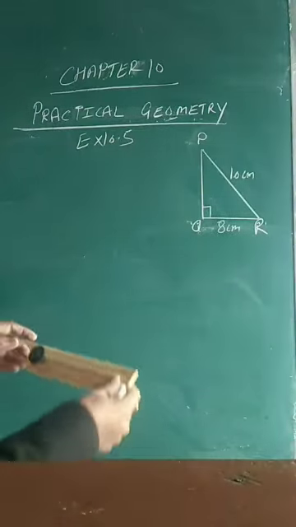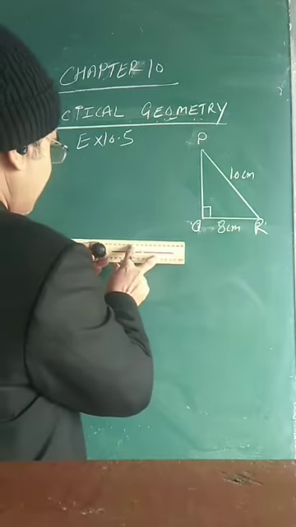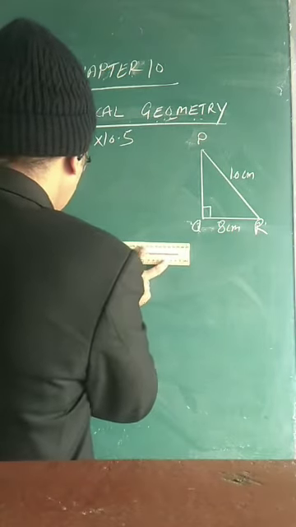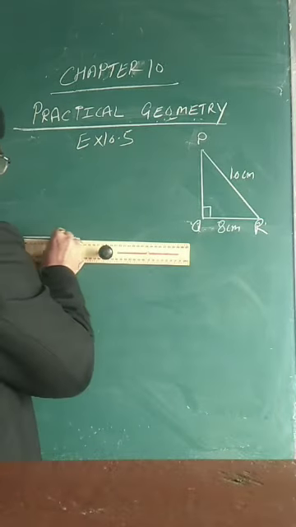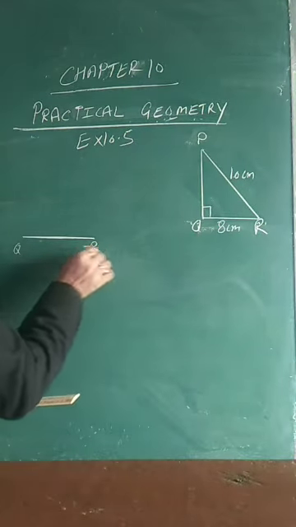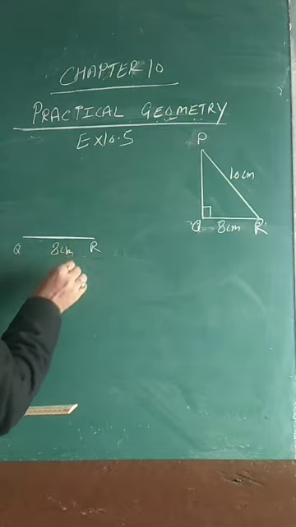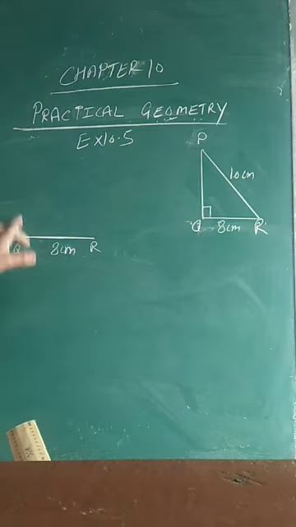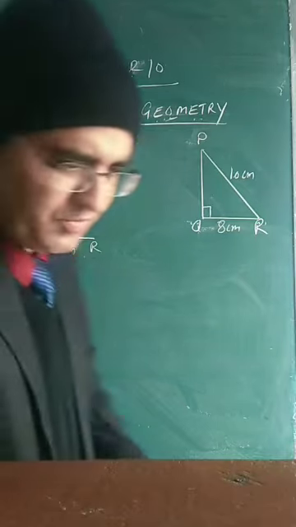So again, the steps will be the same as we have done in the example. First we'll take a line segment QR equal to 8 centimeter. So this is Q, this is R, equal to 8 centimeter. Now at Q we have to make an angle of 90 degree, or at Q we will draw a perpendicular. So how to draw the perpendicular?